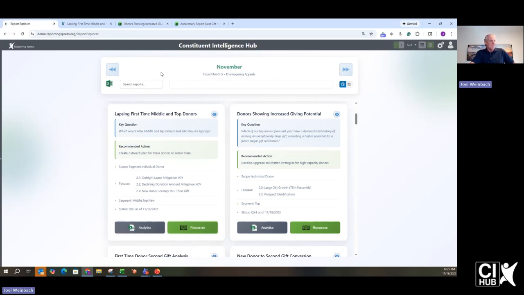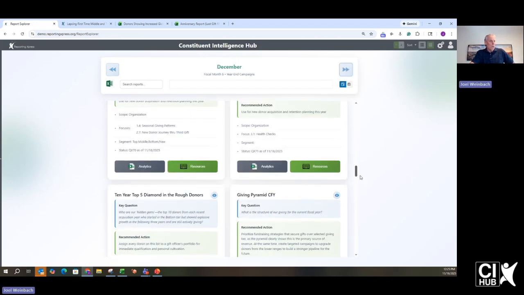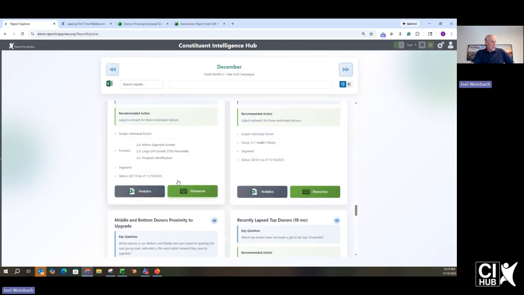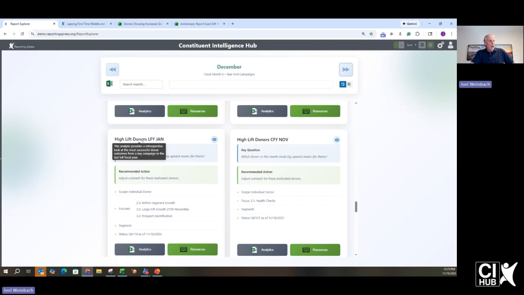At the top here is the navigation. So there are a couple of ways to find things. The first is by month, and there are reports that'll change each month. So some of these down here, high lift donors last year in January and high lift donors this year in November.